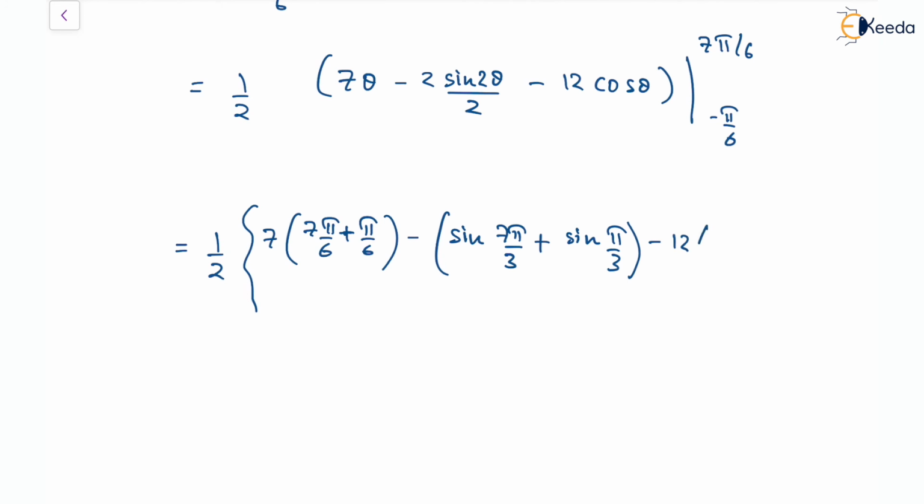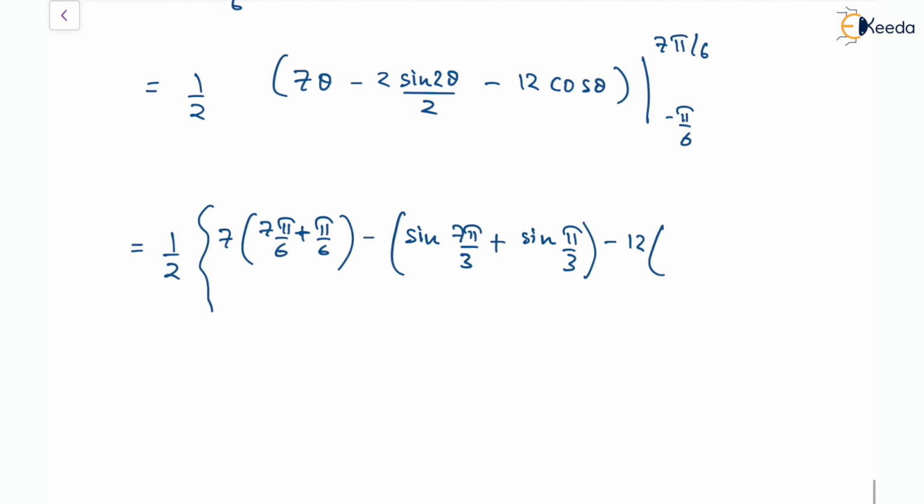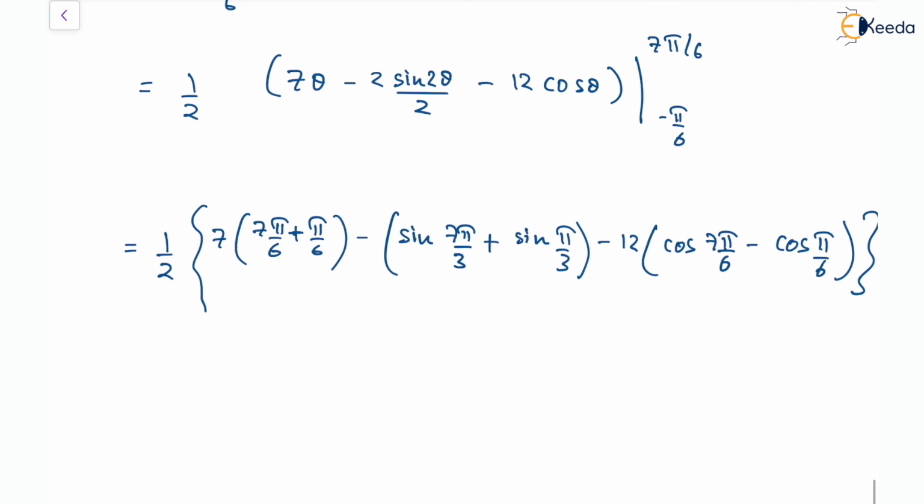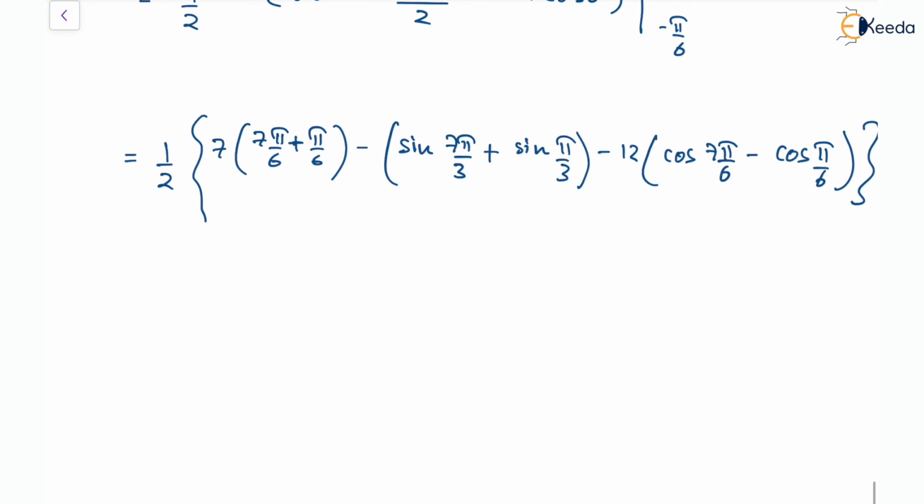And minus 12 times cos of 7 pi by 6 minus cos of minus pi by 6. Instead of that, we can write minus cos of pi by 6 directly, because cos is an even function. So this is what we'll get, and we need to find the value.